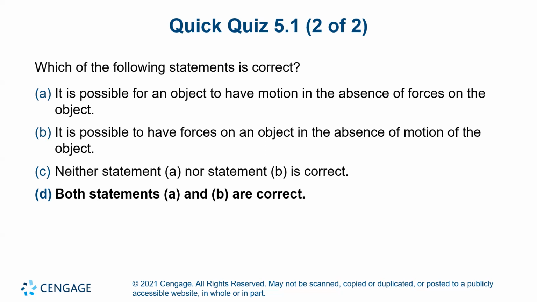Choice B is also true. A stationary object can have several forces acting on it. But if the vector sum of all of these external forces is zero, there is no net force, and the object remains stationary.